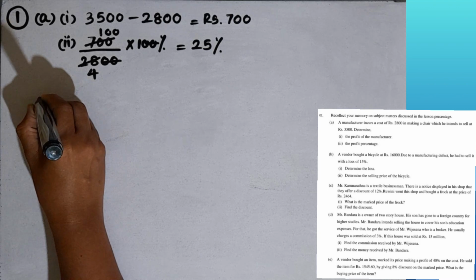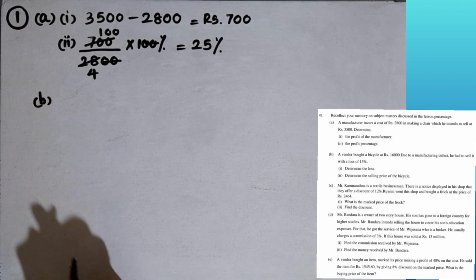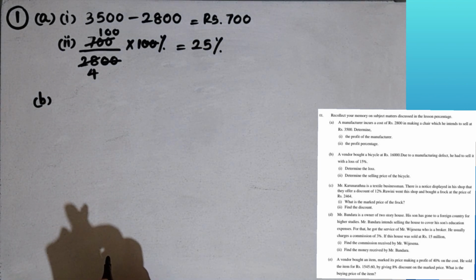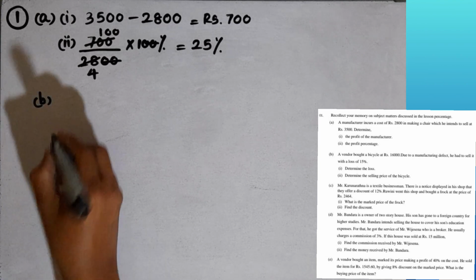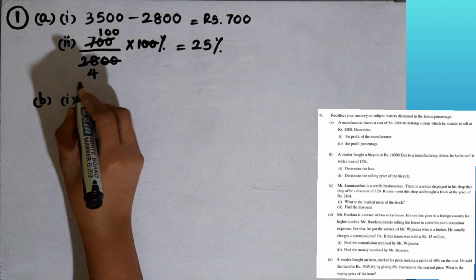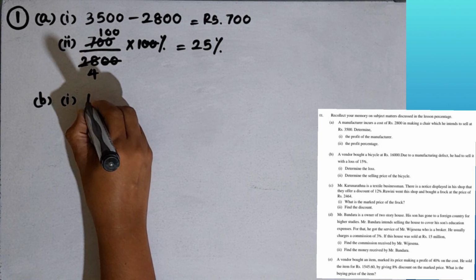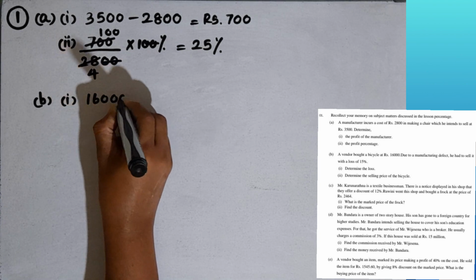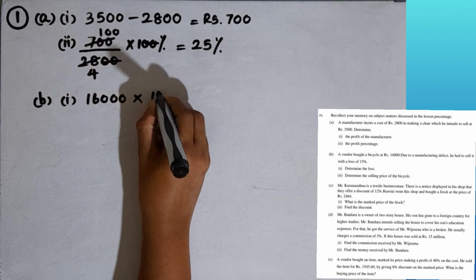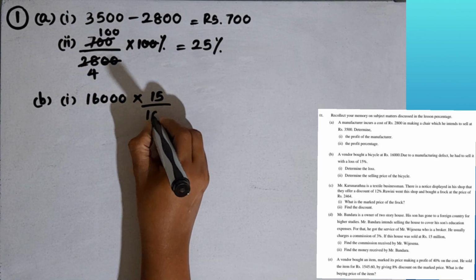Then B part, a vendor bought a bicycle at 16,000. Due to a manufacturing defect, he had to sell it with a loss of 15%. First one, determine his loss. 16,000 multiplied by 15 over 100.